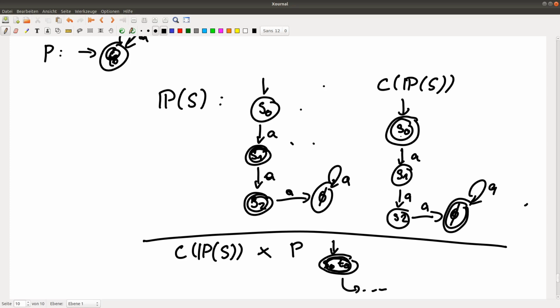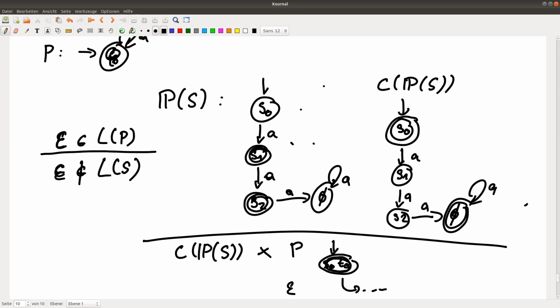Therefore, in the language of this automaton we have the empty word, and hence the empty word is an element of the language of P, but the empty word epsilon is not an element of the language of S. Therefore we have already found a problematic case where the program accepts a word that is not conformant to the specification.